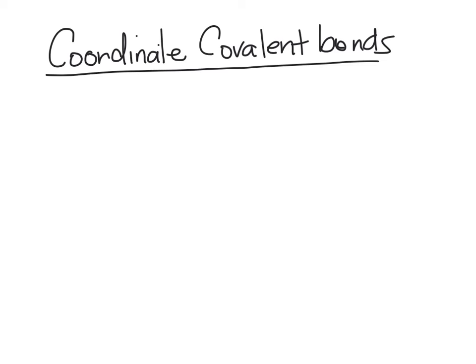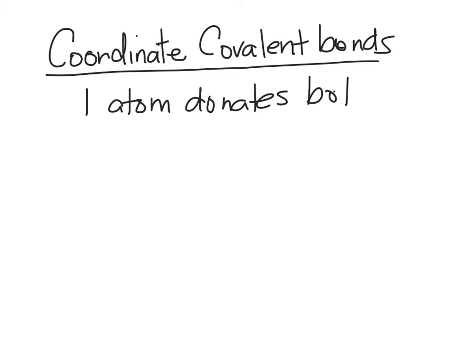So you've got two electrons in the bond, both are sharing. So this is different. In a coordinate covalent bond, one atom donates both electrons to the bond. So one atom donates both electrons to the bond.